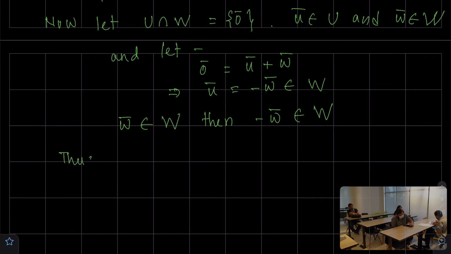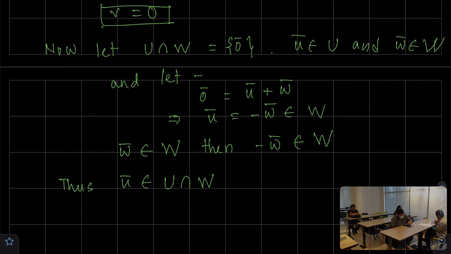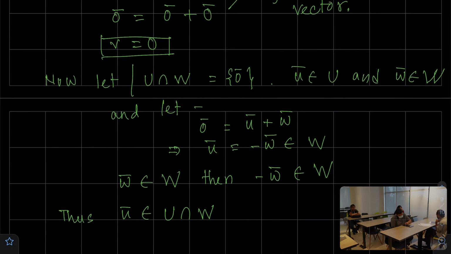Thus u vector belongs to what? Also u belongs to W, that means u belongs to U intersection W. But we started with the intersection only containing the 0 vector. That means u equals what? 0 vector, right?